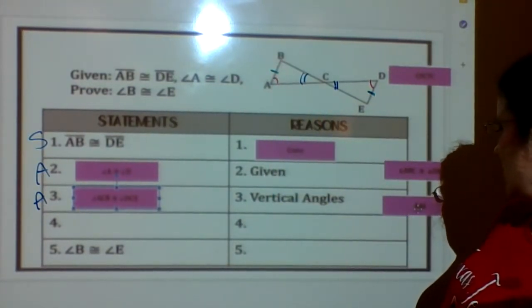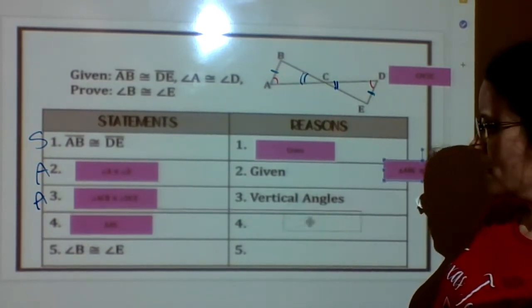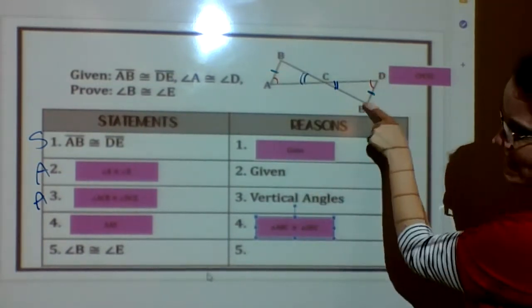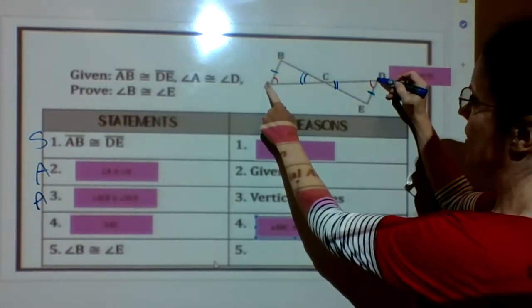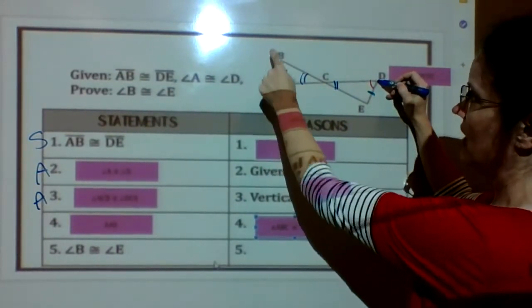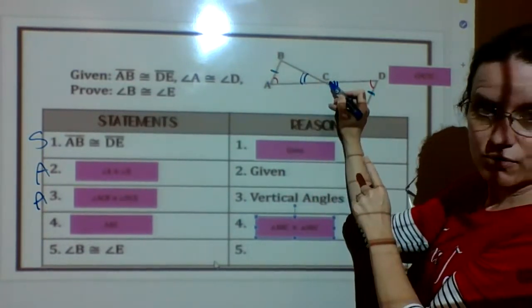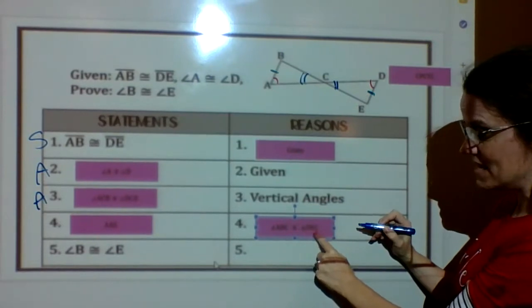So I can come over here and grab angle, angle, side and say that that makes triangle ABC congruent to DEC. And notice that that order is very important, because we're saying that the red one is congruent to the red one, and that B is congruent to E, and that the two angles at C are congruent. So it's very important that you have it in this order, ABC and DEC.